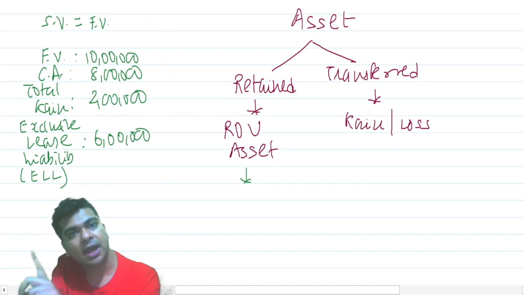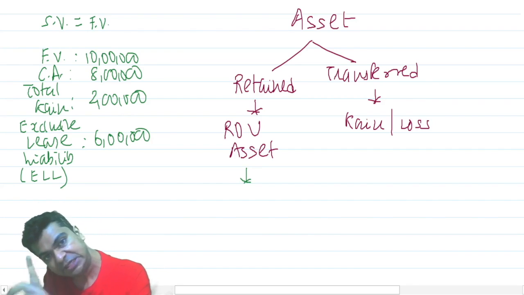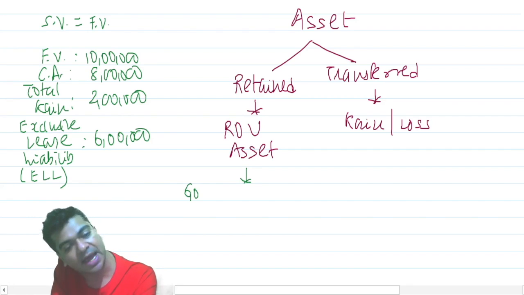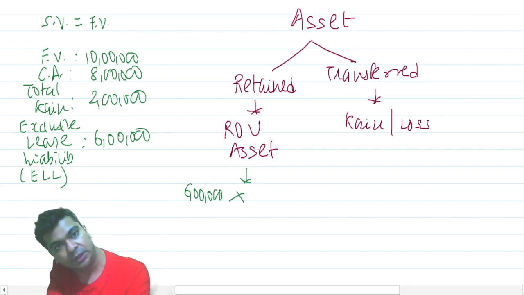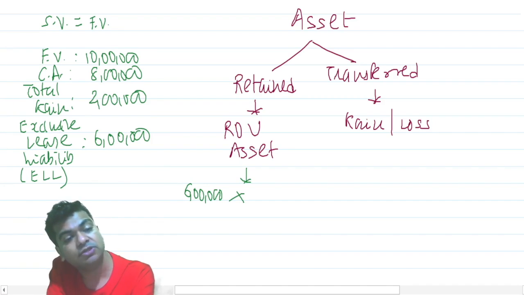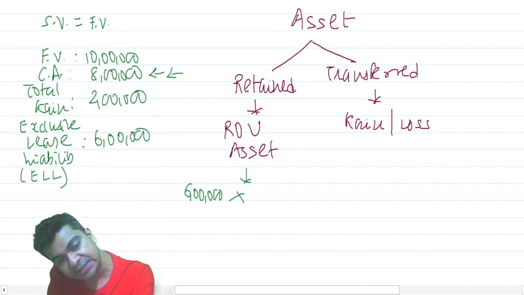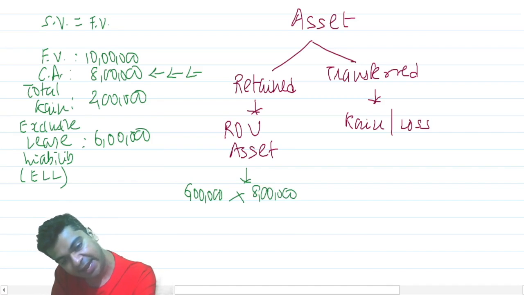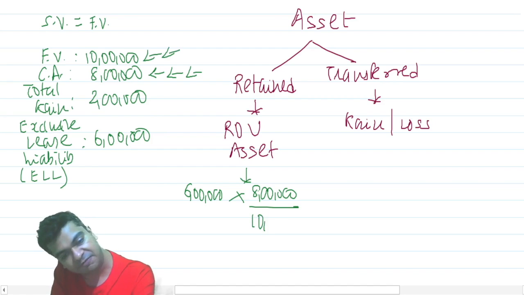You should recognize ROU asset with reference to the lease liability. As I realize my lease liability is 6 lakhs and this lease liability is for an asset which has a carrying amount of 8 lakhs. So I'll multiply this by 8 lakhs and I will divide it by the fair value.